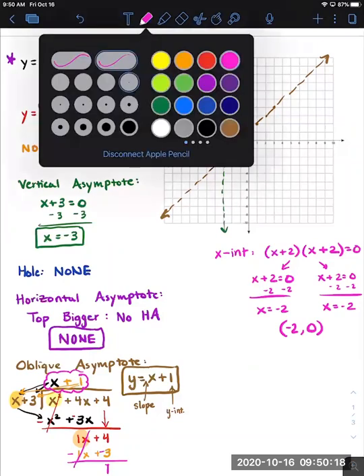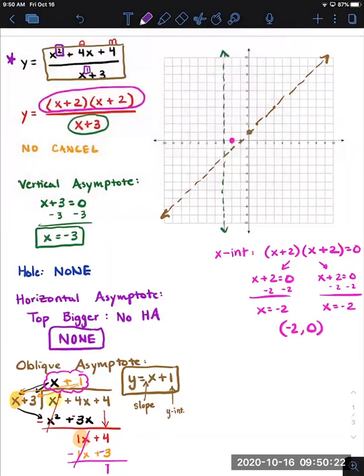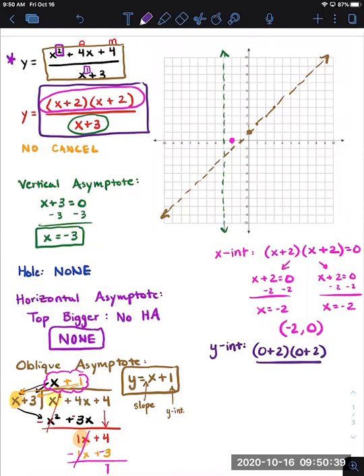Now for the y-intercept, which is in purple. So y-intercept, we are going to make all the x's equal to 0. So let me use my simplified function because it's a little bit easier, in my opinion. We have 0 plus 2 times 0 plus 2 divided by 0 plus 3.